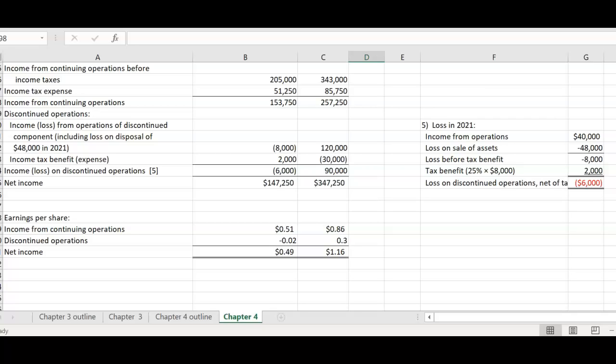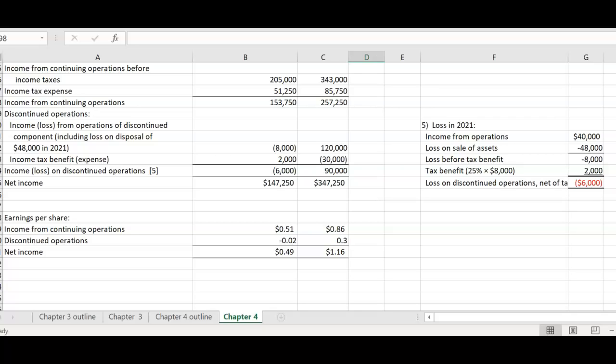Now we are going to complete the discontinued operations section of the multi-step income statement, and we know there's two components. The first component is the actual operating results of the component unit, and the operating results in 2020 was given to us at $120,000, and the income tax expense would have been 25% of that, which is $30,000.